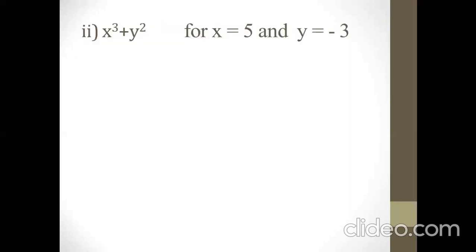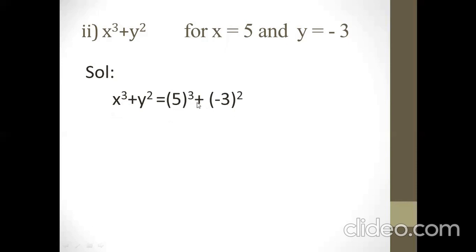Now, second expression, we have x cubed plus y squared for x equals 5 and y equals -3. Now start the solution. x cubed plus y squared equals, instead of x, we will use a bracket here, then substitute the value of x, which is 5 raised to the power 3, right?